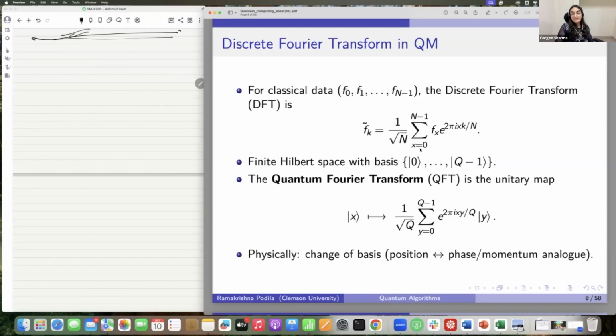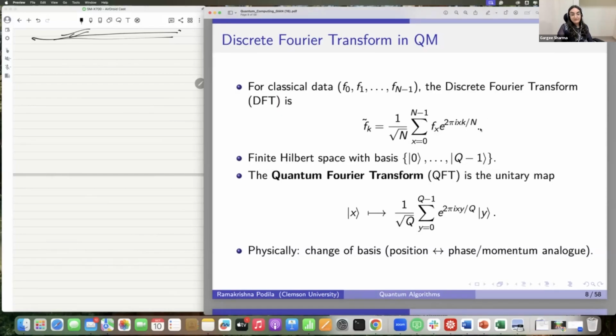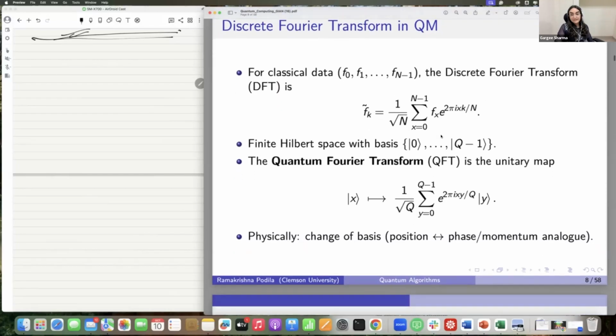It's the summation over x equal to 0 to n minus 1 of f of x times exponential 2 pi i x k divided by n. And this 1 over root n is basically a convention. Either you put 1 over root n on both the Fourier transform and the inverse Fourier transform, or you put 1 over n on one of them. But that's the idea of how you do the discrete Fourier transform.